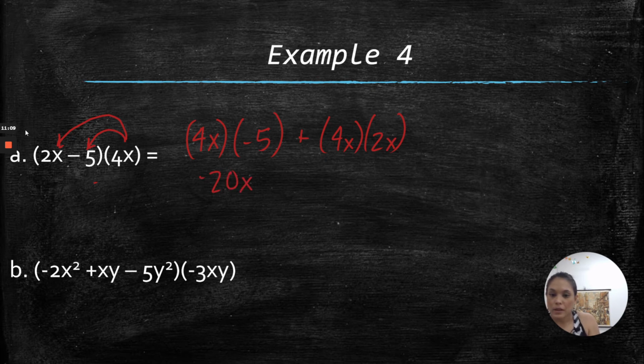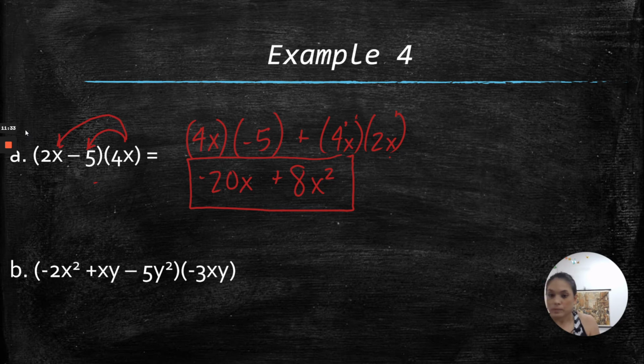And then we have the x that we're going to bring down. And plus 4 times 2 is 8. We have the same bases, so we're going to add the exponents because we know that this really means x to the first power, this means x to the first power, and 1 plus 1 is 2, so this is x squared.